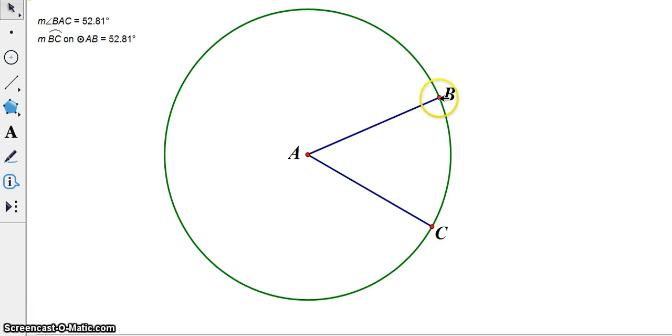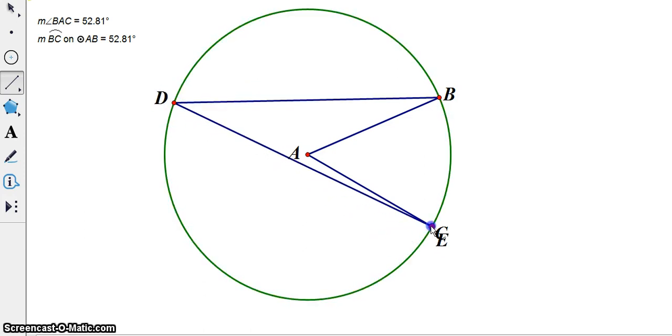Okay. If you draw the inscribed angle that intercepts the exact same arc, in other words, if it intercepts the exact same arc, then one side of the angle has to go through B, and one side of the angle has to go through C. So angle BDC is an inscribed angle that intercepts the same arc as our central angle.